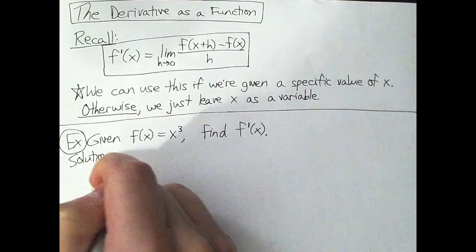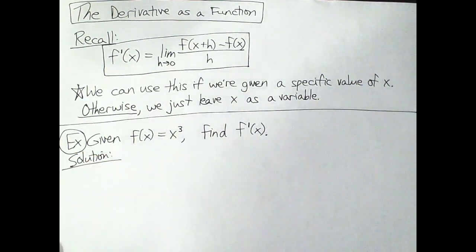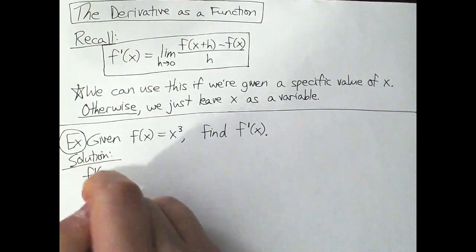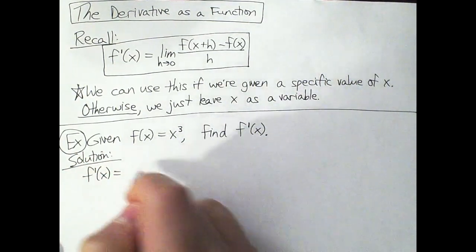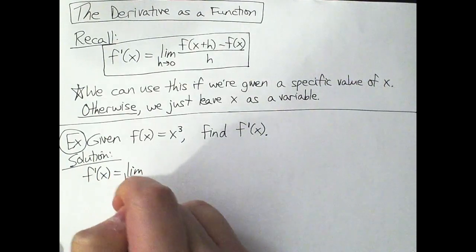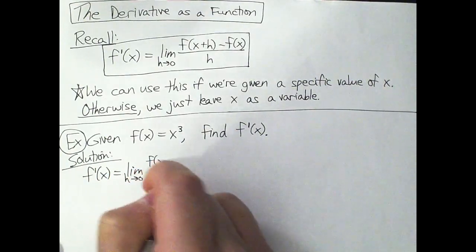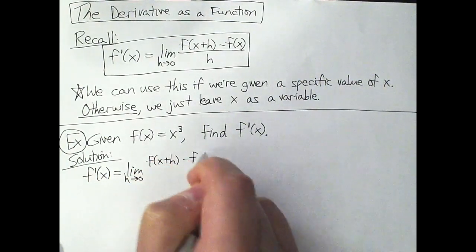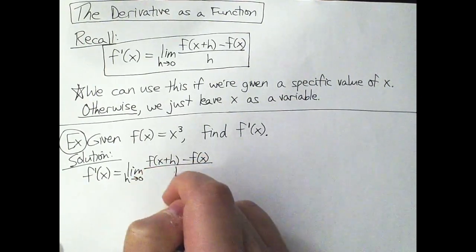Do we know how to do this? Well, we want to use the formula that's above. Let's just start using it and see what happens. F prime of x is supposed to equal the limit as h goes to 0 of f of x plus h minus f of x, all of that over h.